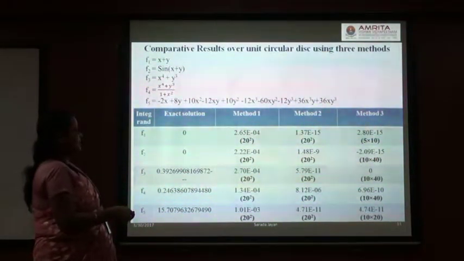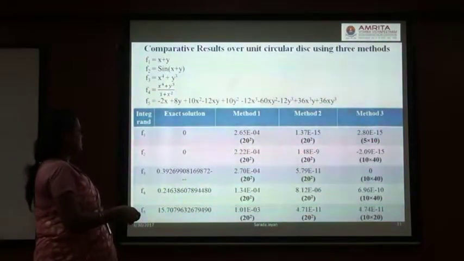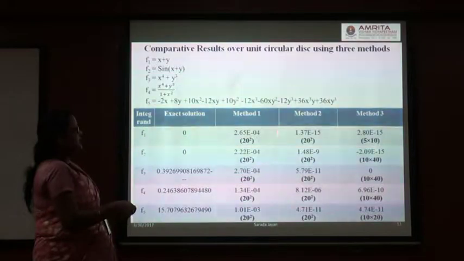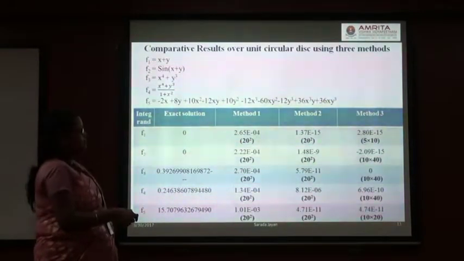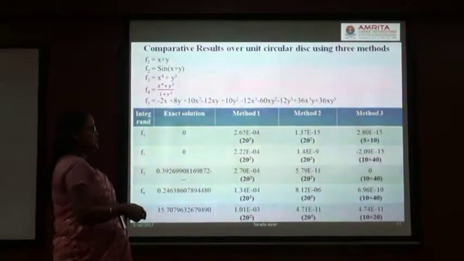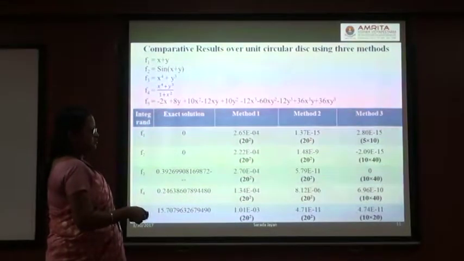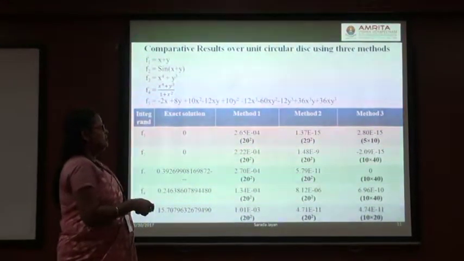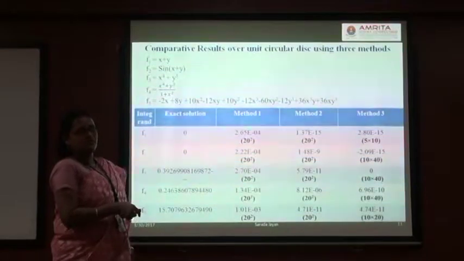When you compare the errors, you can see that the computed result is approximately the same as the exact solution. The error is quite small in method 2, and when you compare with method 3, we can see that the accuracy is almost the same, but in brackets what is written is the number of function evaluations that we need to do.